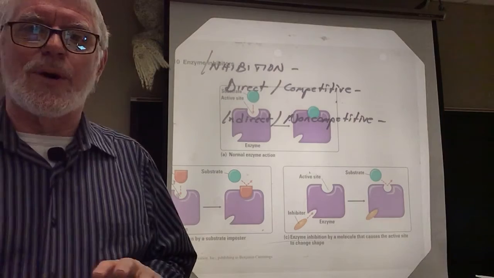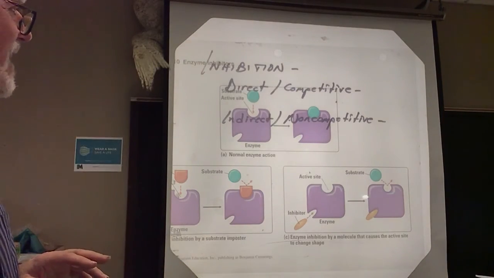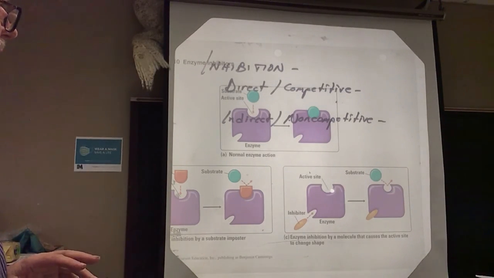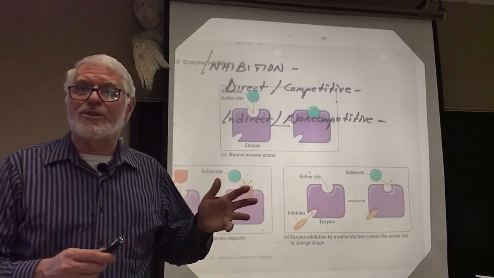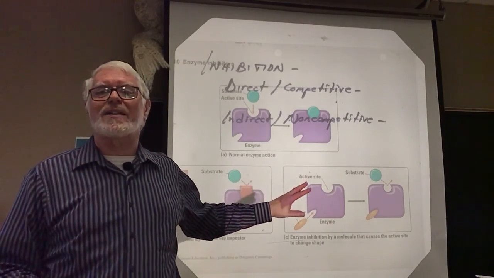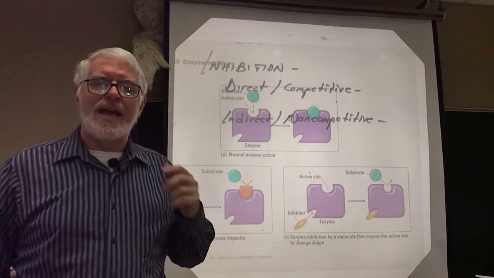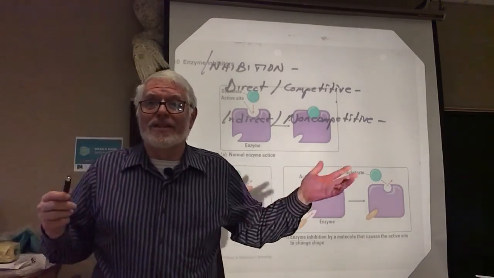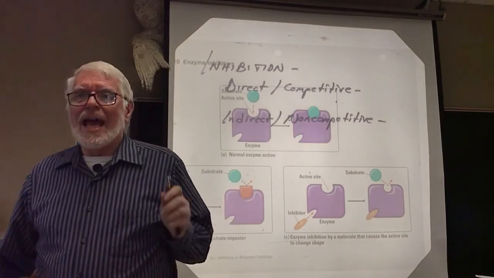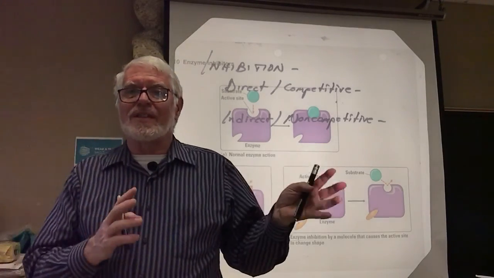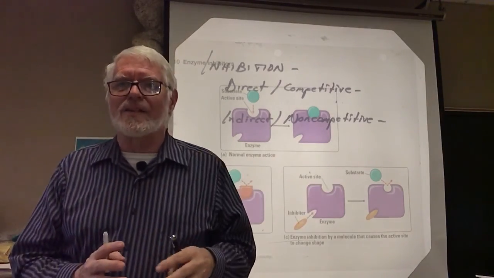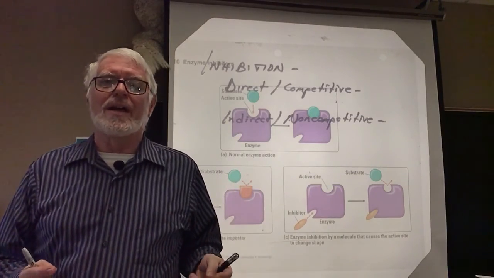Now, what they are trying to show here is that it makes the active site smaller. I'd be happier if they had really shown a major change in the shape. They changed the shape of the active site, because that's what's happening here. You change the active site shape, and then the substrate can't fit in there anymore. This is basically inhibition, keeping the substrate from getting into the active site to do what it needs to do.